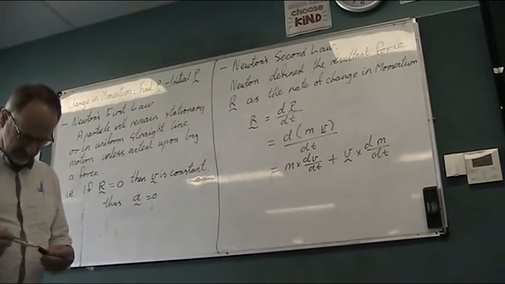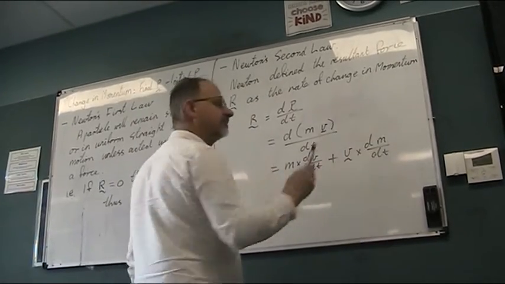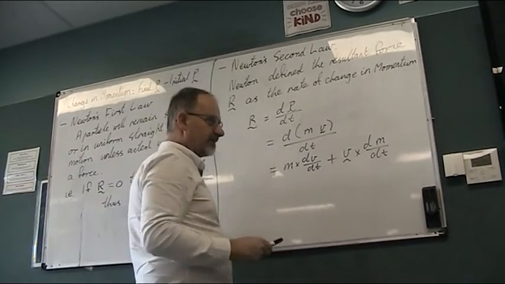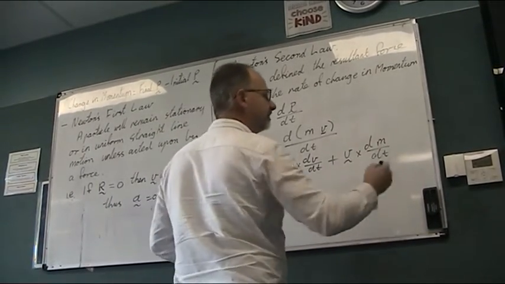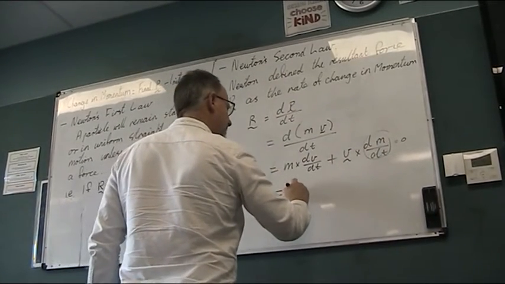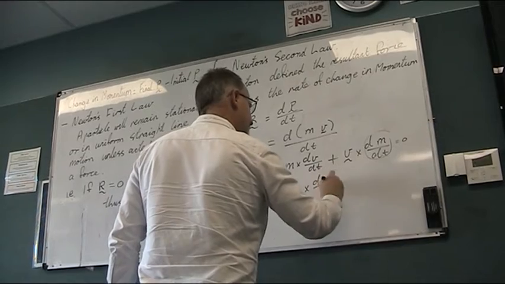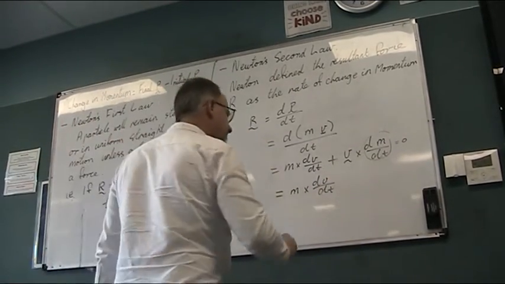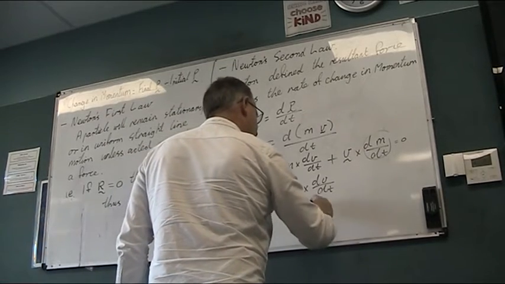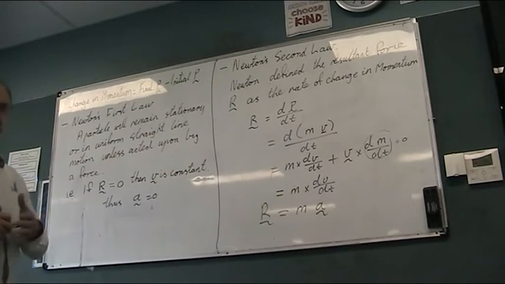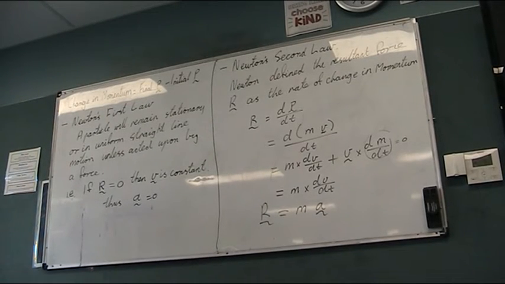Now, of course, mass is constant. It's not related to time, it's whatever it is. So this derivative here is equal to 0. So what we finally end up with is mass times dv/dt, and of course dv/dt is acceleration. So the resultant force is mass times acceleration, which is the form that we're more used to seeing it in.